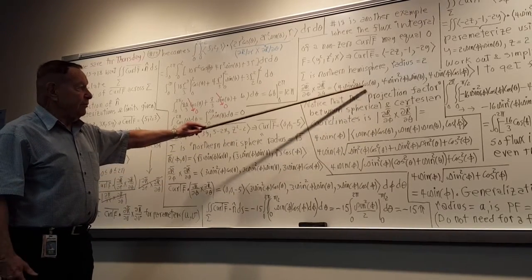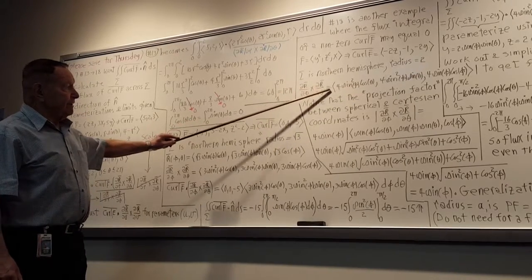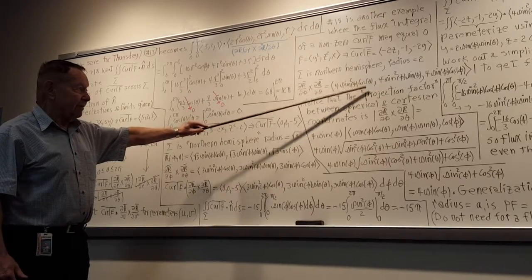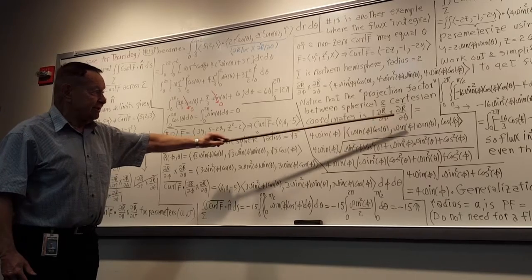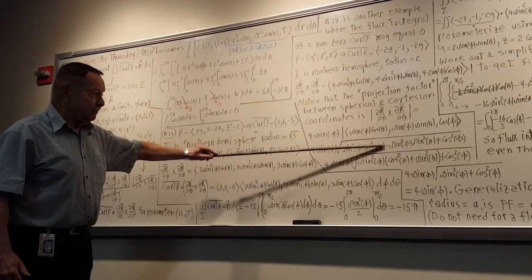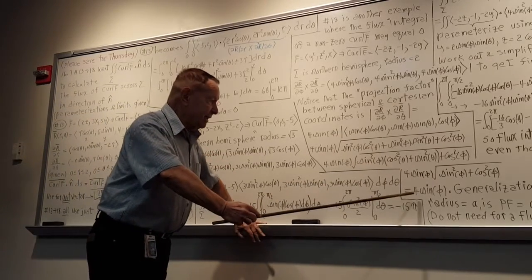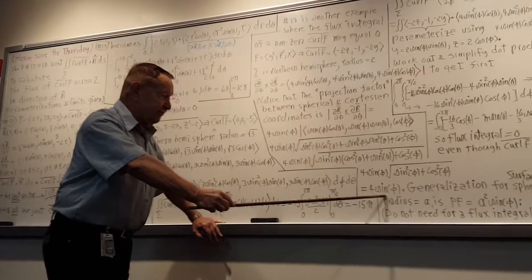And if you went ahead and ground out the magnitude of this, you don't need to do that to work the problem, but if you did, what you will get is your squared radius times sine of phi.